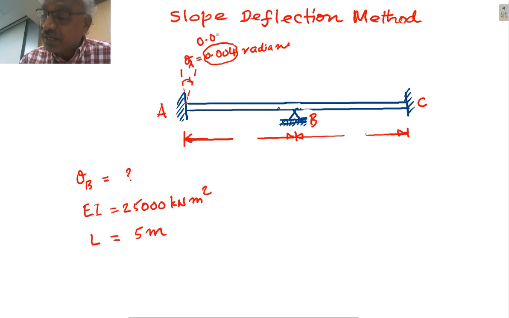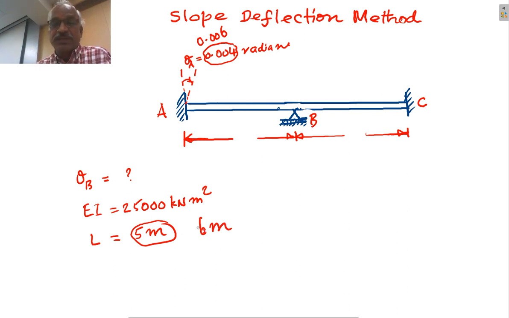Then I will change the length L: instead of 5 meters, I will make it 6 meters. With these changes, we will do the problem. We will compare both the answers; that is available in some other source. I don't want to repeat the same numbers.